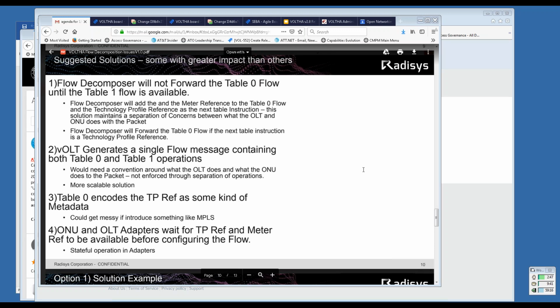Okay, but that doesn't fix my problem that OpenFlow, the wire protocol itself, does not have the ability to match on 2 VLANs. Right. And maybe that's why the driver splits it up into a table 0 and 1 flow.